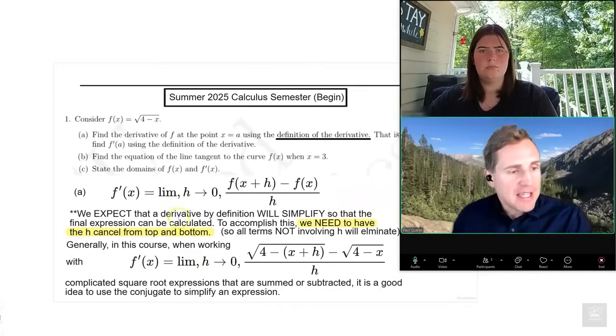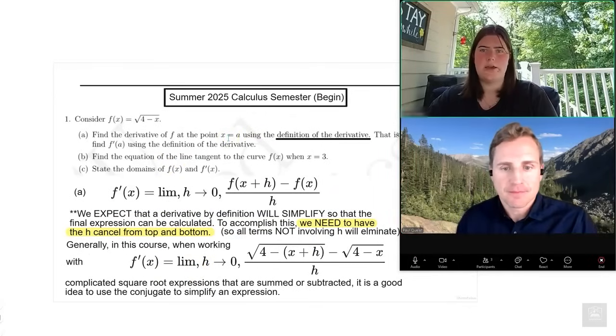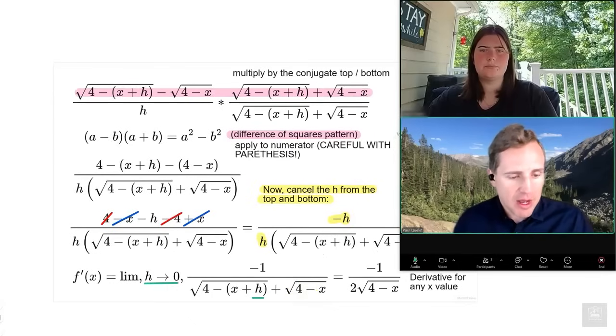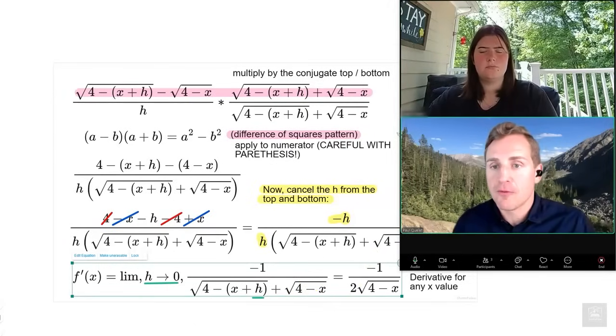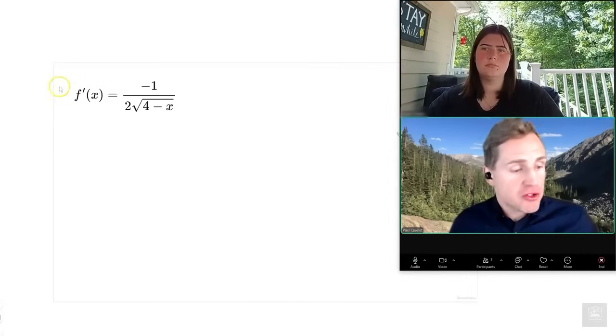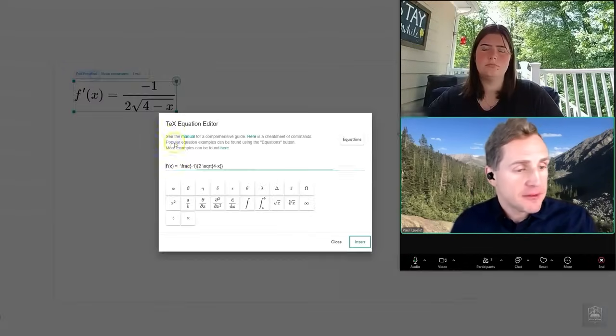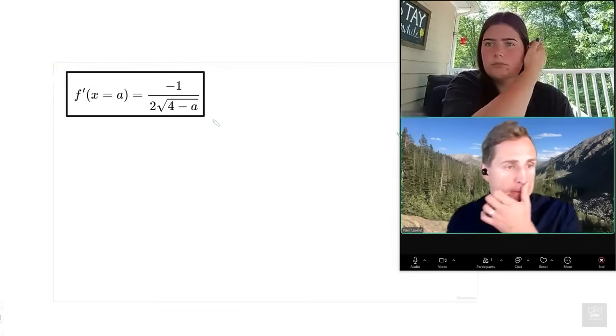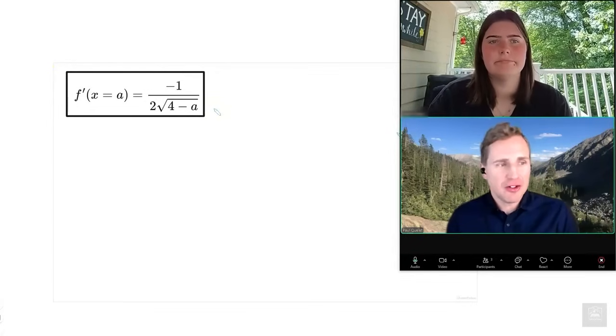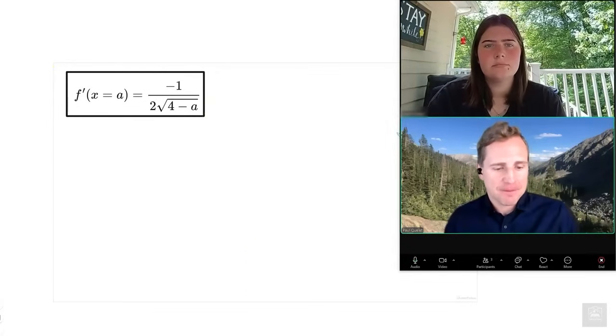Okay, but specifically, they want us to plug in what for x? Oh, okay. x equals a. Okay, so that's why I said we should proceed one other further little step. Now we're just going to have x equal what? a. x equals a. Okay, so that's what the derivative looks like if we plug in a.